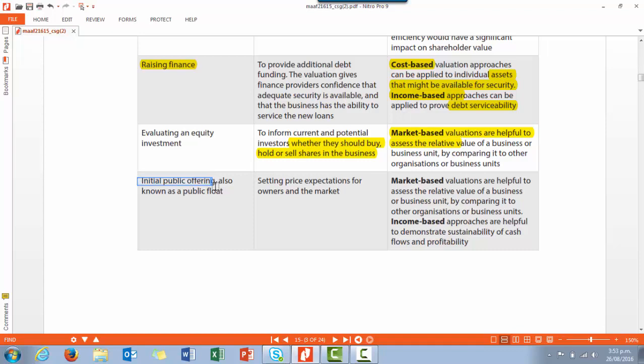With an IPO, initial public offering, where we are raising money from the market, we would look certainly at market-based valuation to figure out how much we can raise. And we would also look at income-based approaches, and especially people who are wanting to take part in the IPO, invest their money, because they want to look at the sustainability of cash flows going forward.